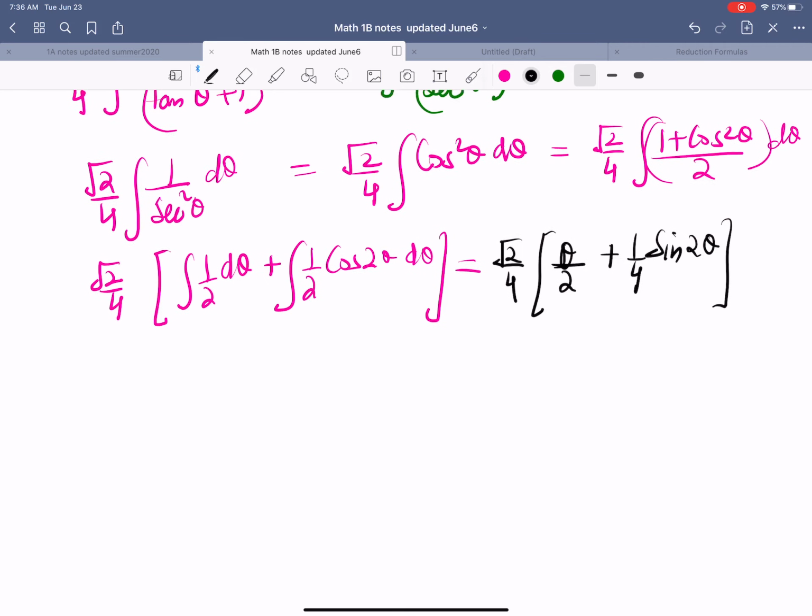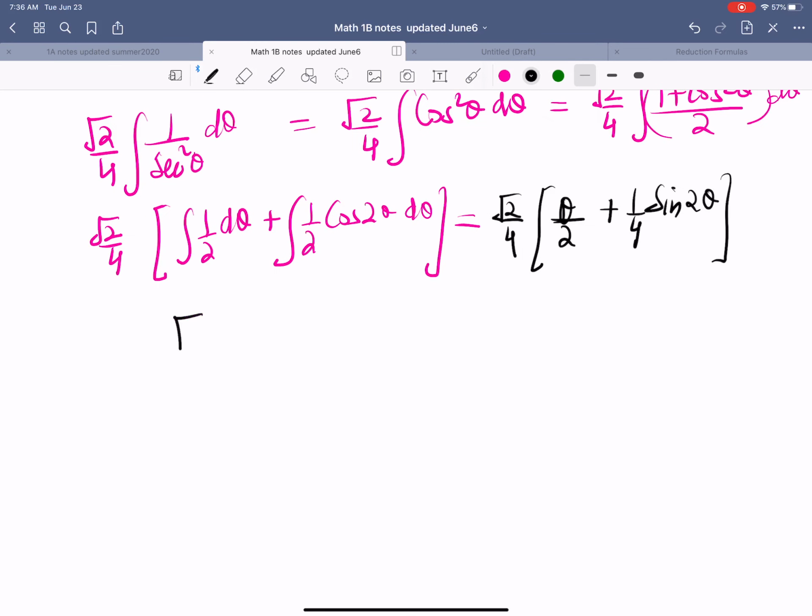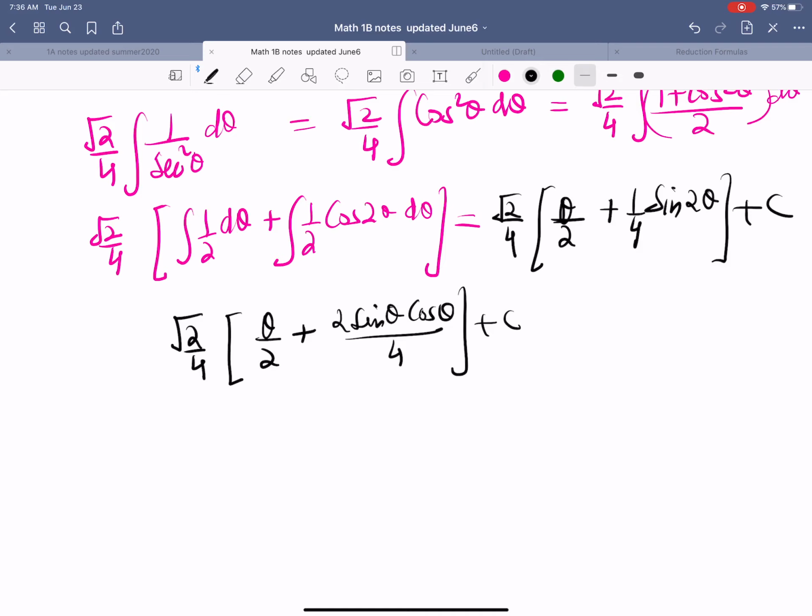And now a little more simplification, and then we will have to go back to x's. Root 2 over 4. Again, there's a plus c here. So that turns out to be theta over 2 plus 2 sine theta cos theta divided by 4 plus a c. Turns out to be root 2 over 4 theta over 2 plus sine theta cos theta divided by 2 plus a c.